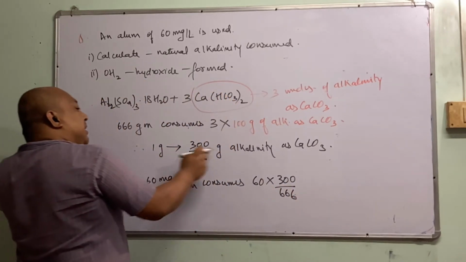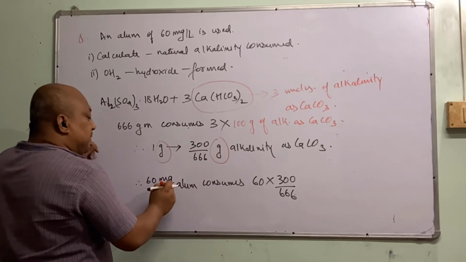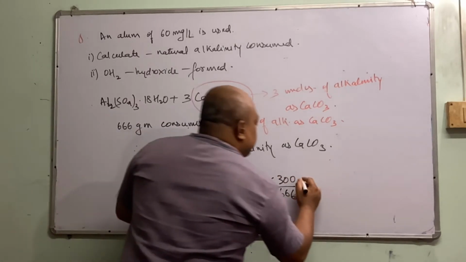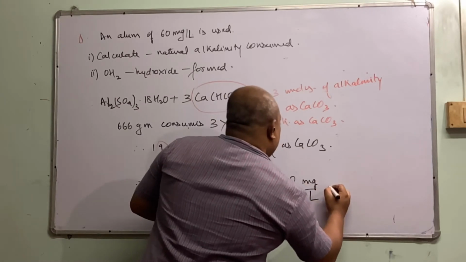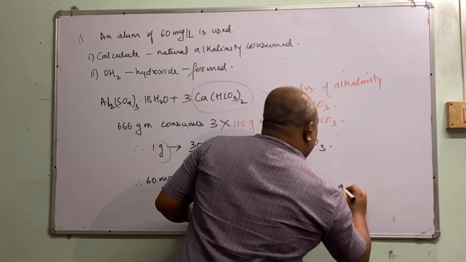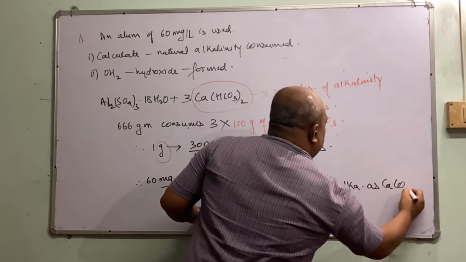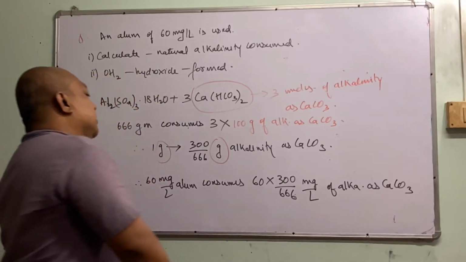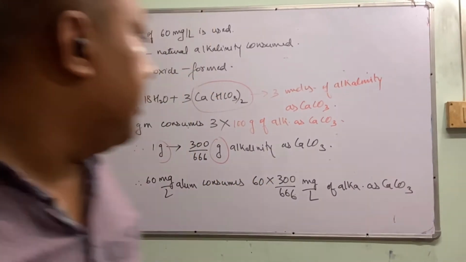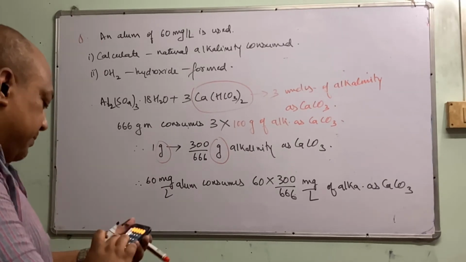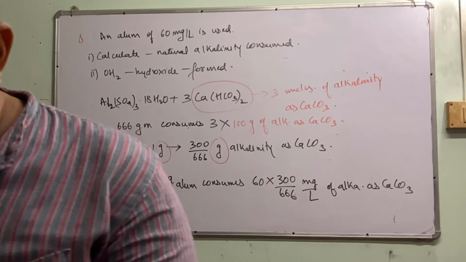Since this is milligram per liter, you can put it as milligram per liter of alkalinity as calcium carbonate. So 60 into 300 divided by 666, right?